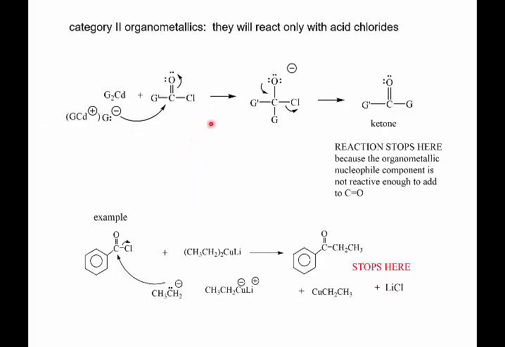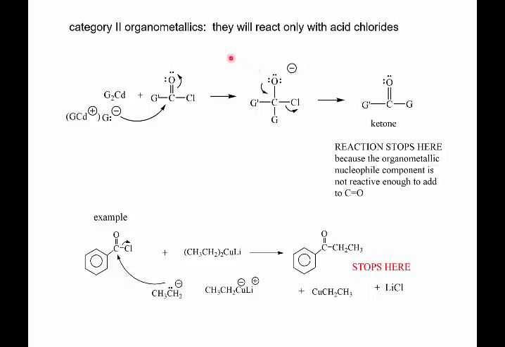All right, let's now look at the category 2 organometallics. Being less reactive, they won't react with, let's say, esters and so forth. They will only react with the most reactive, which are acid chlorides. Now, at some point I need to, I'm not sure we're doing it in this video, but maybe the next, that there is a difference in reactivity of carboxylic acid derivatives.